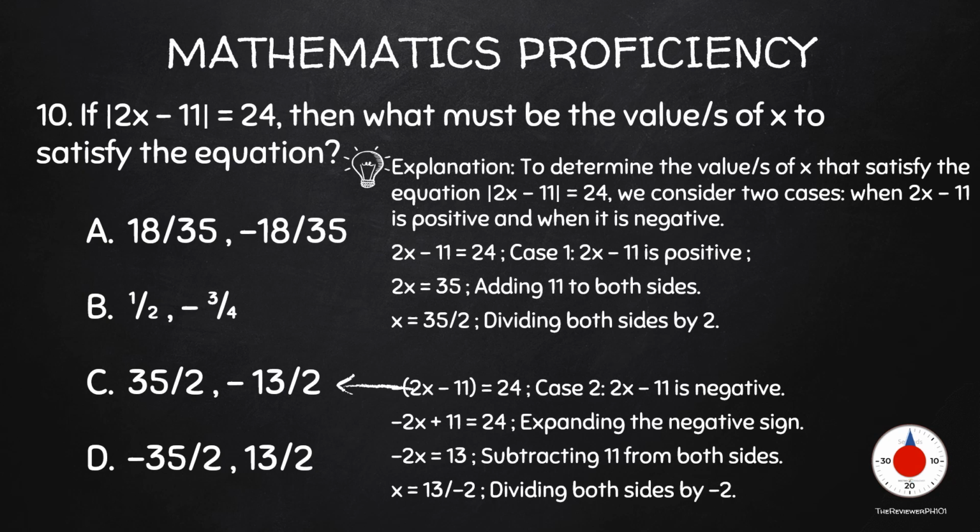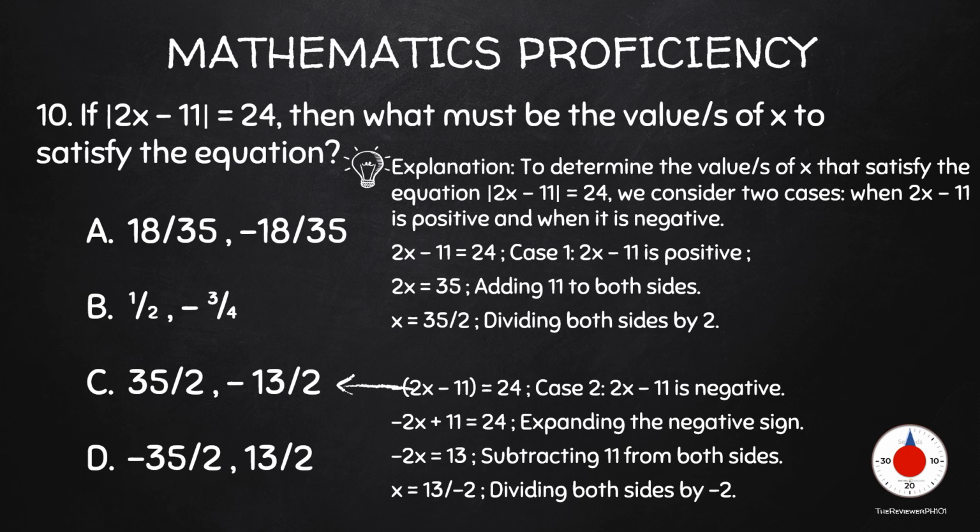Explanation: to determine the value/s of x that satisfy the equation absolute value of 2x minus 11 is equal to 24, we consider two cases, when 2x minus 11 is positive and when it is negative. Case 1, 2x minus 11 is positive: 2x minus 11 equals 24, 2x equals 35, adding 11 to both sides. x equals 35 divided by 2, dividing both sides by 2.